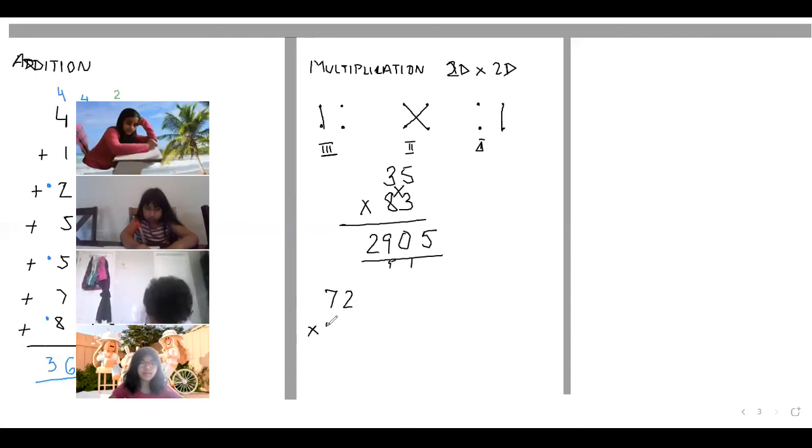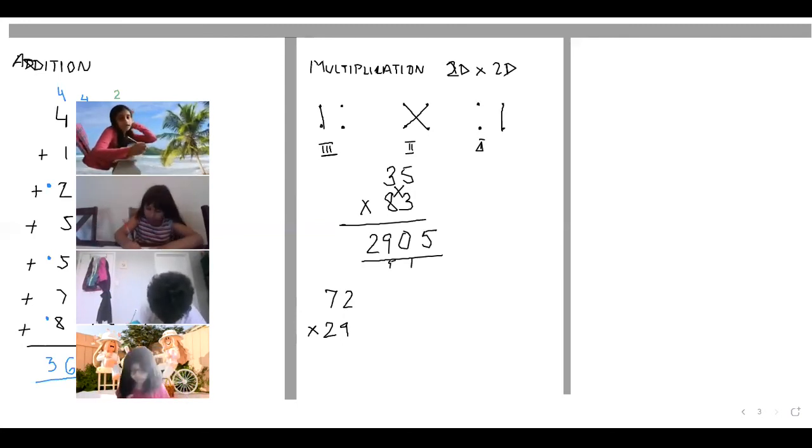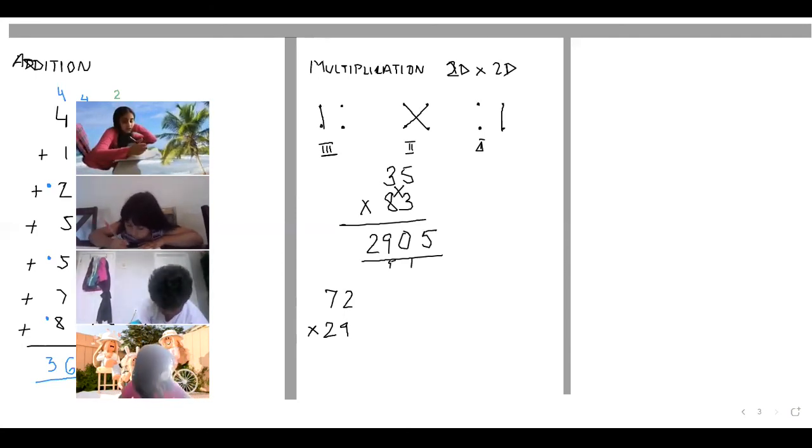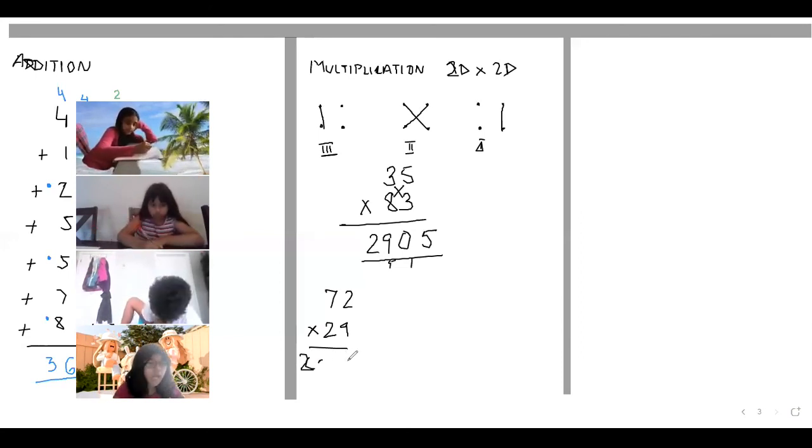Now let us practice few questions. 72 times 29. 2088 is the right answer. Wait, how did you find it?